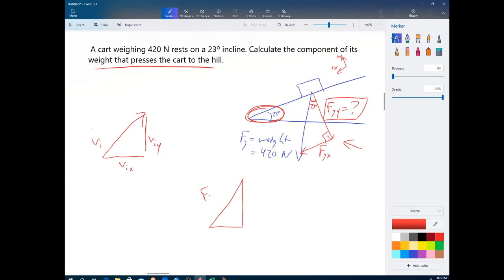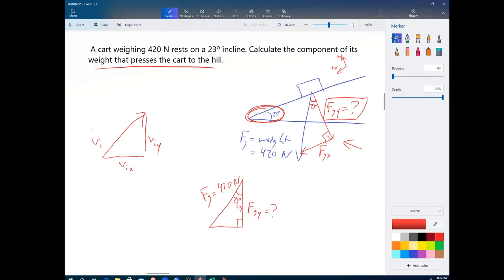So, once you have that triangle together, it's just a trig problem. We have FG equal to 420 newtons. We have our angle, 23 degrees here, and a right angle. We have an FGY, and we have FGX, but I don't really care about that one because it wants to know how it's pressing it into the hill. So this to me looks like the adjacent side.